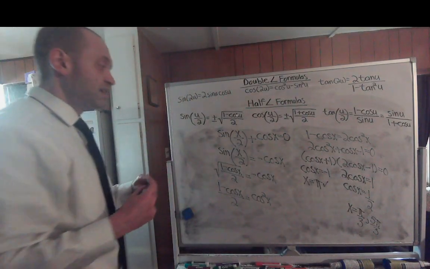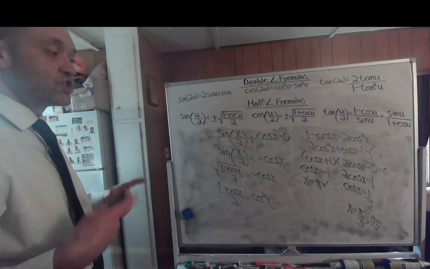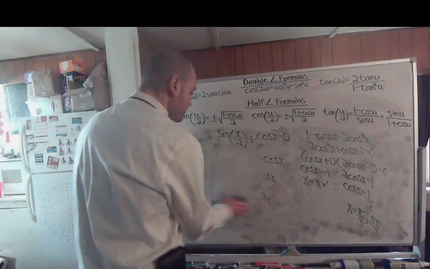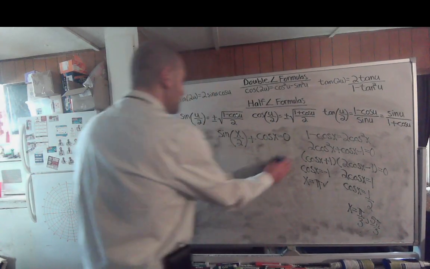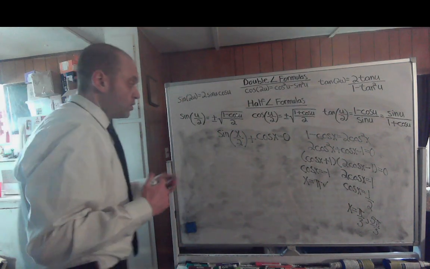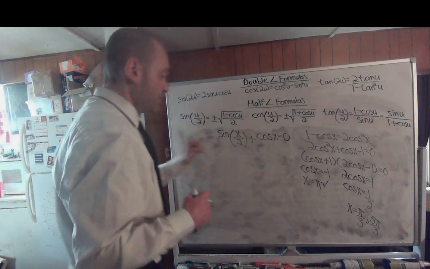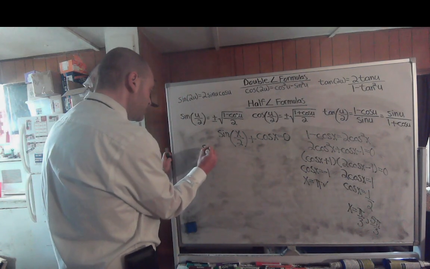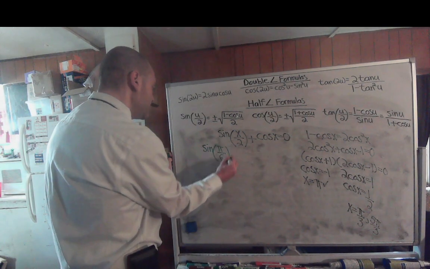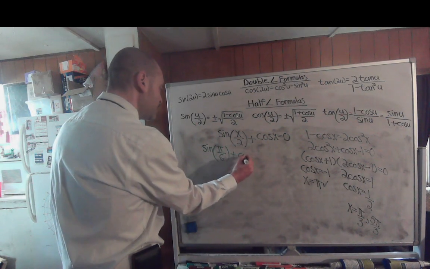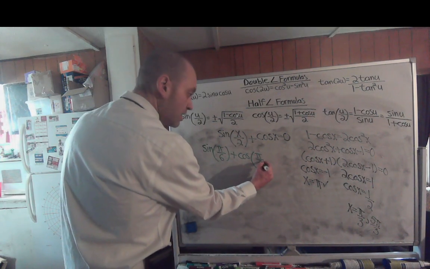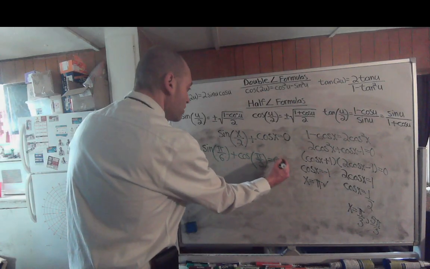Now the only thing left to do is verify extraneous solutions. See if it would work with the original. Alright, so what is the sine of pi over 3 over 2? That's the same as the sine of pi over 6, right? So the sine of pi over 6 plus the cosine of pi over 3, does that equal 0?